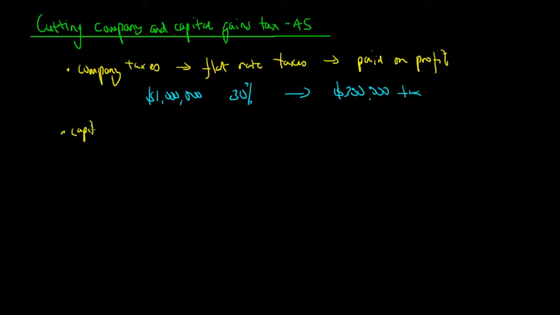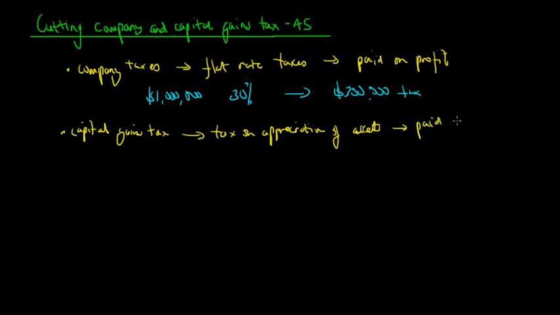A capital gains tax is a tax on appreciation of assets. To put it simply, when your assets appreciate and you want to sell off that asset, then you have to pay tax on capital gains.